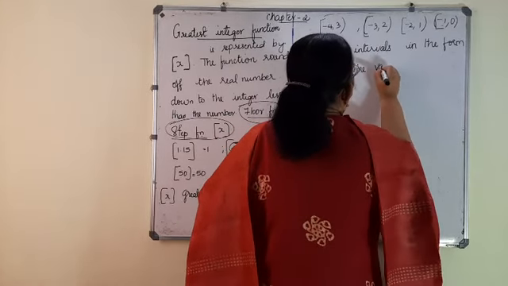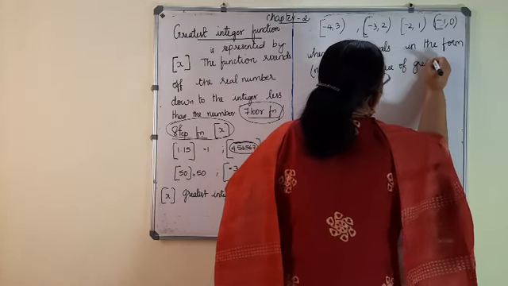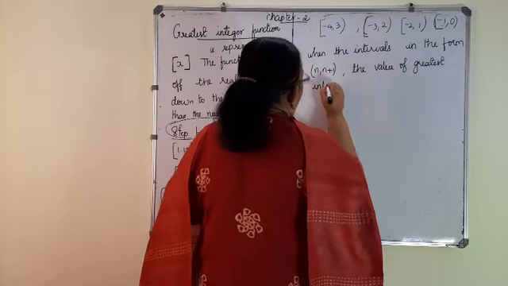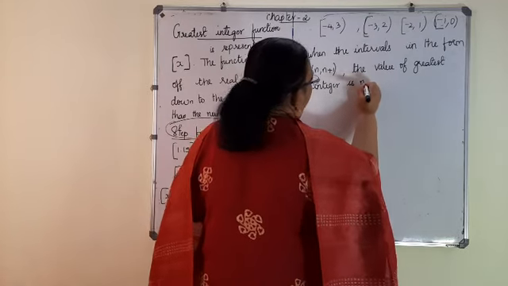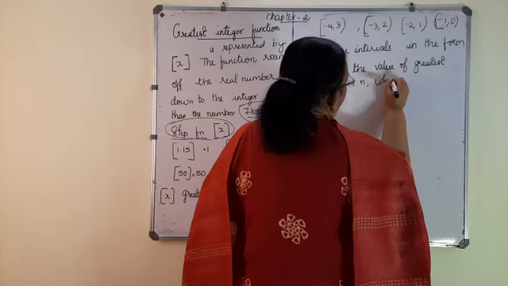The value of the greatest integer is n, where n is an integer.